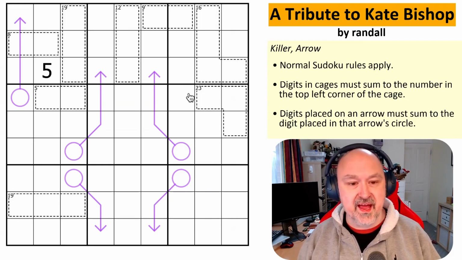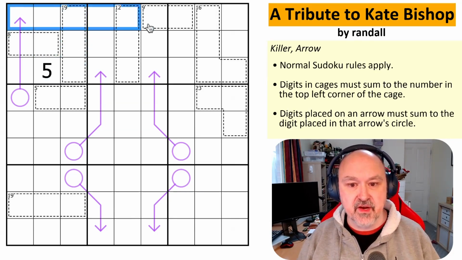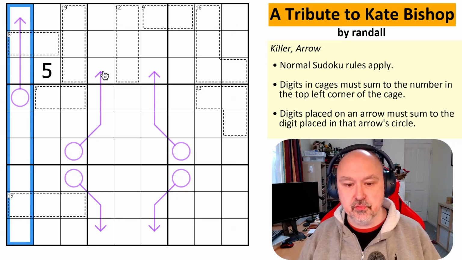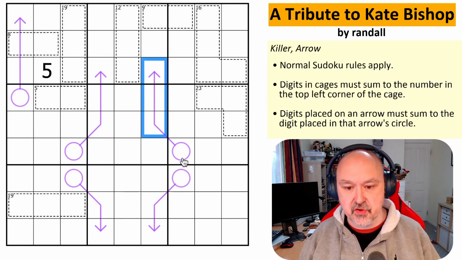So what we have here is normal Sudoku rules apply. In every box, in every row, and in every column, the digits 1 to 9 must be placed without repetition. We have arrow rules, which means that along these arrows, if you were to sum up the digits placed on the arrow, the sum will get placed into the arrow's circle.